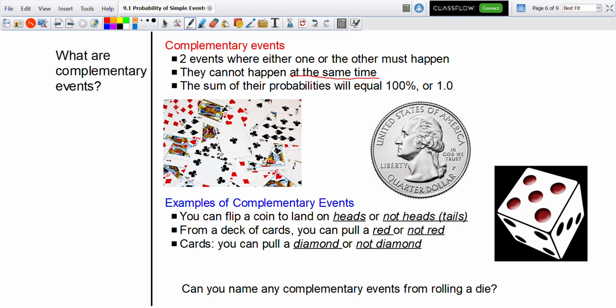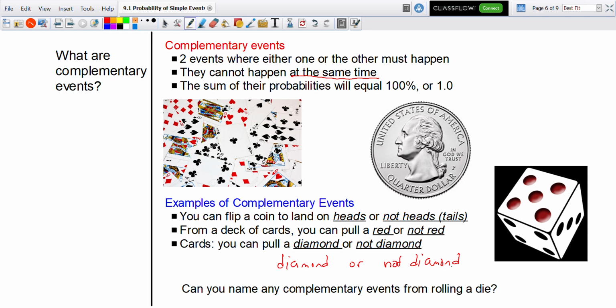Or from that deck of cards still, if I said diamonds or not diamonds, between pulling a diamond and pulling a not diamond, these are complementary events because between those two outcomes, I've covered 100% of all possible outcomes.